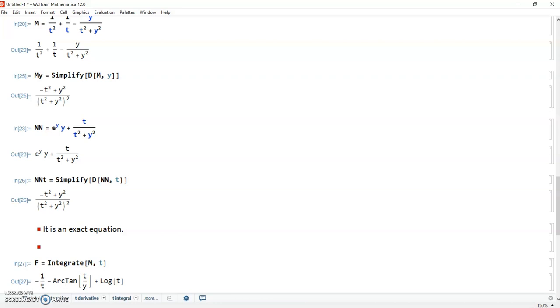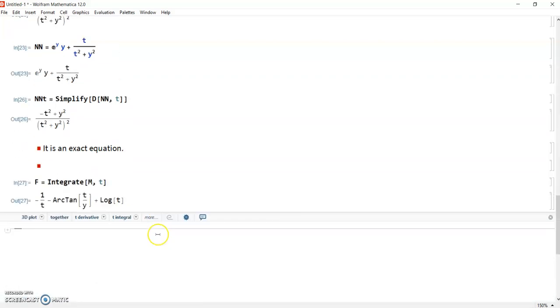Okay, but this integration, when we do the hand calculations, comes with a constant in terms of the other function g(y), so we need to find that constant. In this case, what you normally do is, after finding the function, you differentiate that function with respect to the other variable.